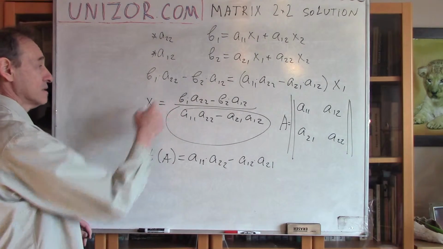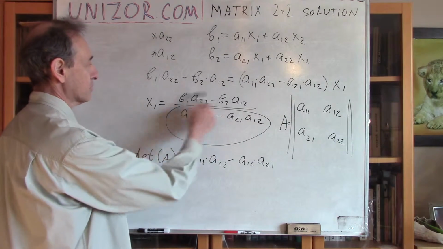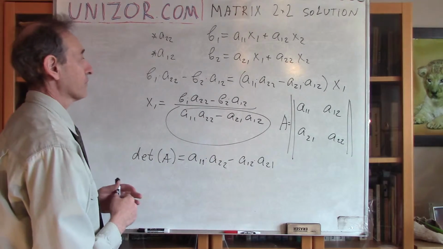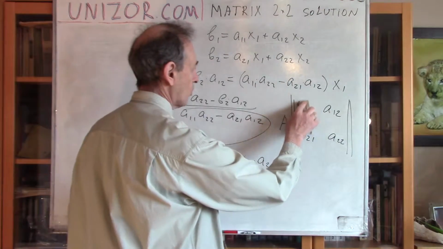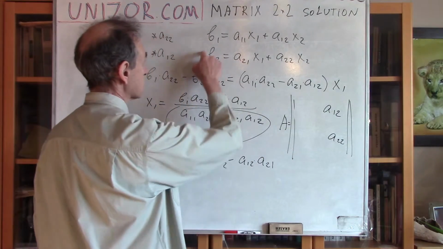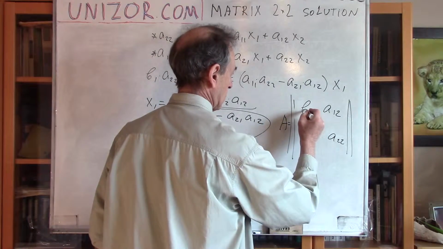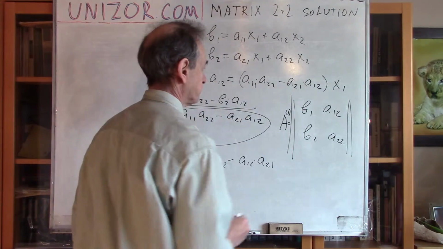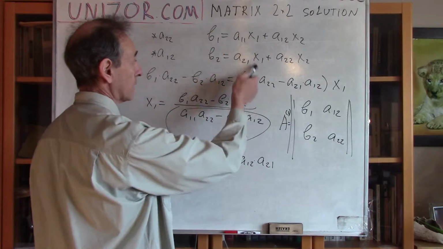Now, the numerator looks kind of similar to this, but we don't have the same coefficients here. So what is the numerator? Here's what I suggest. In matrix A, let's replace the first column with the free coefficients, and let's call it A1, because we have substituted the first column where x1 actually is.